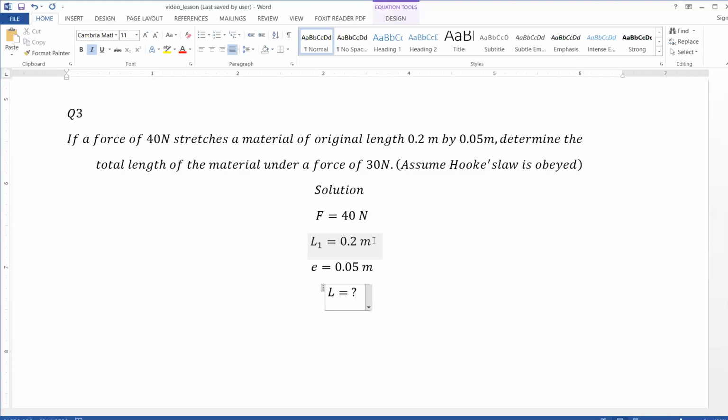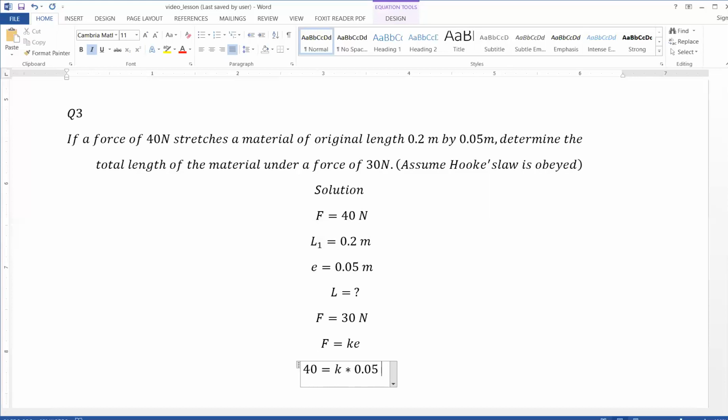That's unknown when the applied force is 30 Newton. We're told that Hooke's law is obeyed. So since Hooke's law is obeyed, the first thing is to use the first set of data given to calculate our force constant. So from this relationship, since our force is 40 Newton, 40 equals K multiplied by extension, which is 0.05.